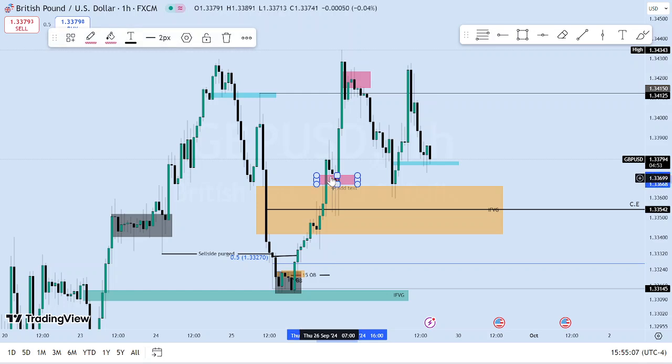Any fair value gap created after a break of structure, like a breakout from a previous fair value gap or inversion fair value gap, or any fair value gap created before or after the consequent encroachment, I'm utilizing it. If I have a narrative of where price is going, if we are bullish, I'm utilizing it to wait for the candle to break the body inside it.